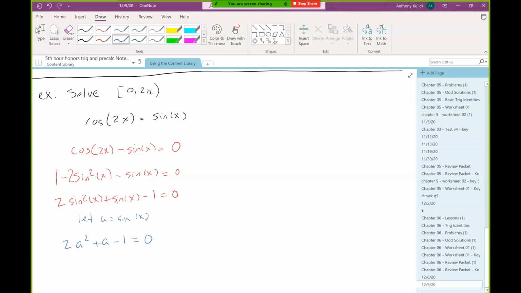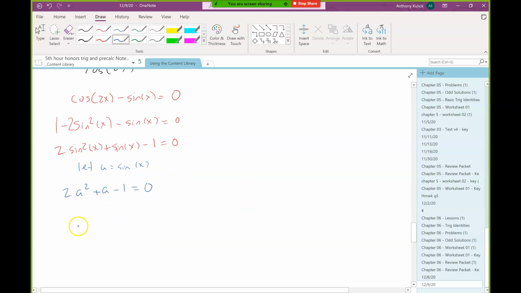Since the leading coefficient is not 1, I can't use a lot of my easy factoring shortcuts. So I think what I'll do here is just use the quadratic formula, which is -b plus or minus the square root of b squared minus 4ac all over 2 times a.